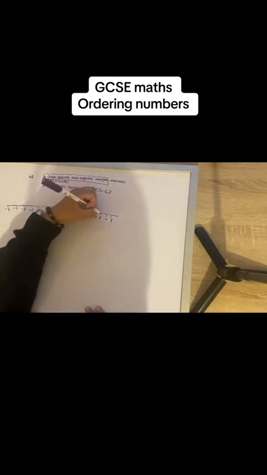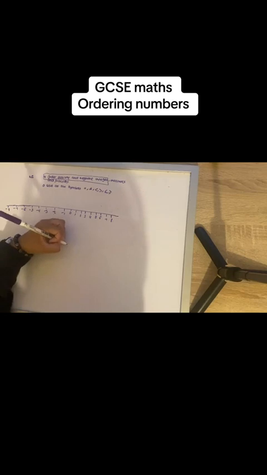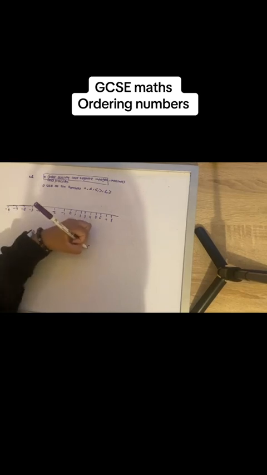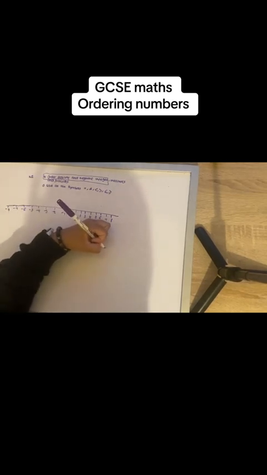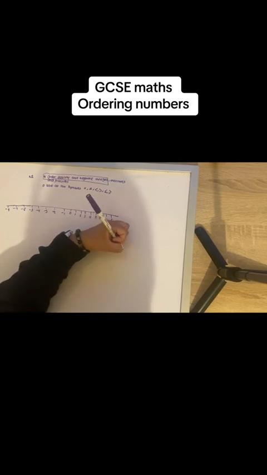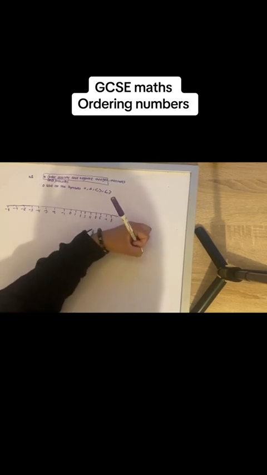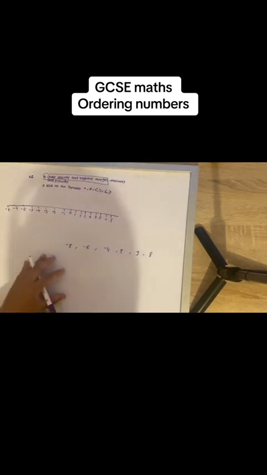Okay. So, if I was to put in order the lowest to the highest, so if I was to do -8, -6, -4, I'm just doing random numbers, 3, 8. Right.